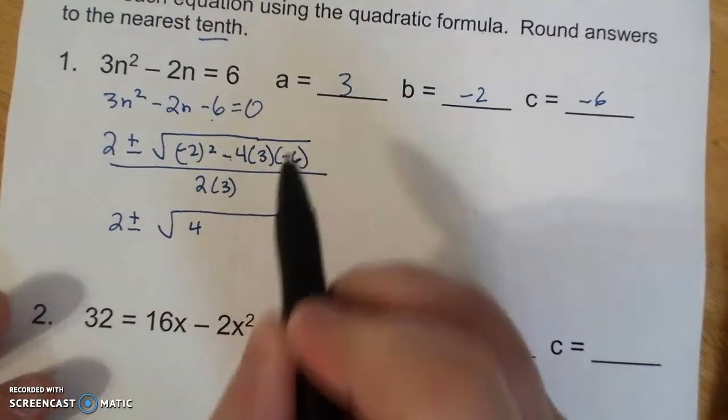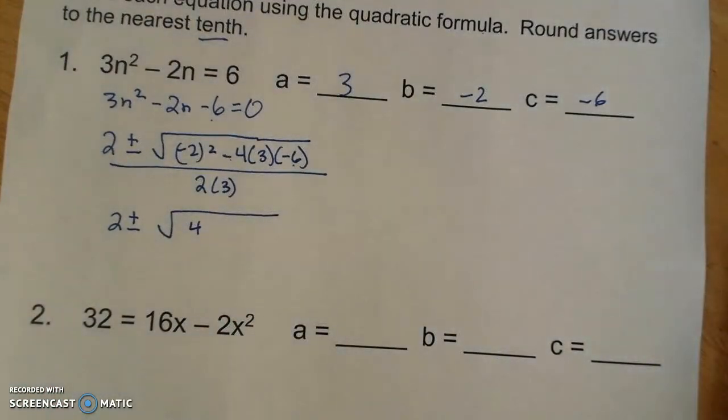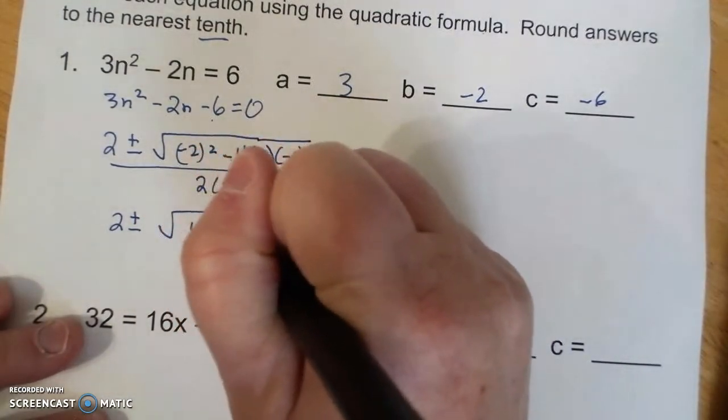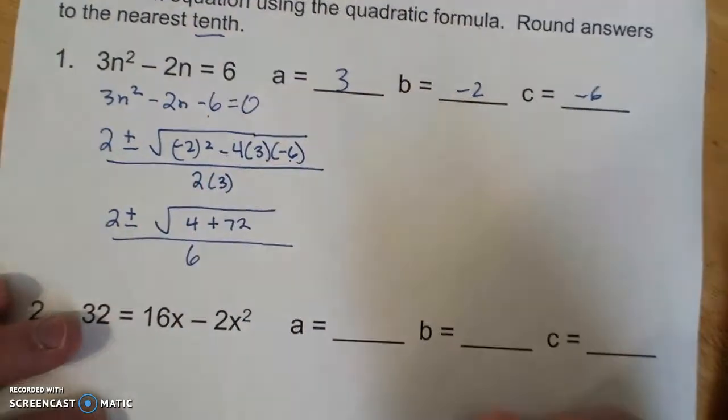Negative 4 times negative 6 is 24. 24 times 3 is 72, all over 6.